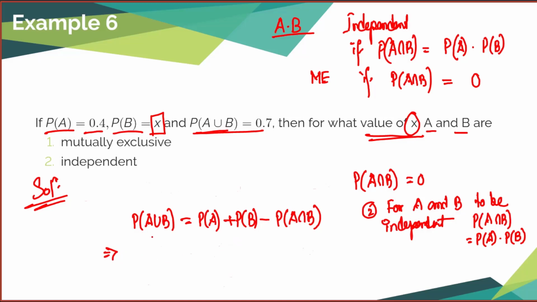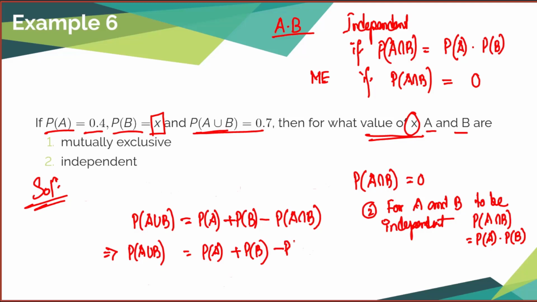Here probability of A union B is 0.7 equal to probability of A, or let me write down the expression first. Probability of A union B equal to probability of A plus probability of B. Now if they are independent, we can express their simultaneous occurrence, that means intersection, as the product, right?